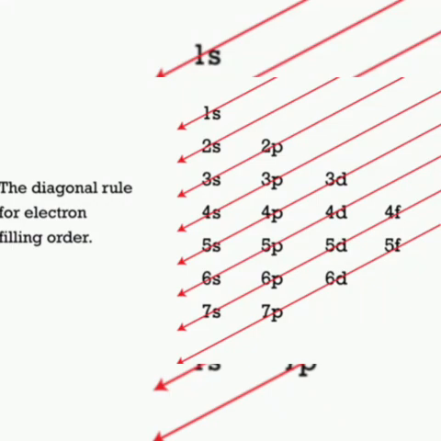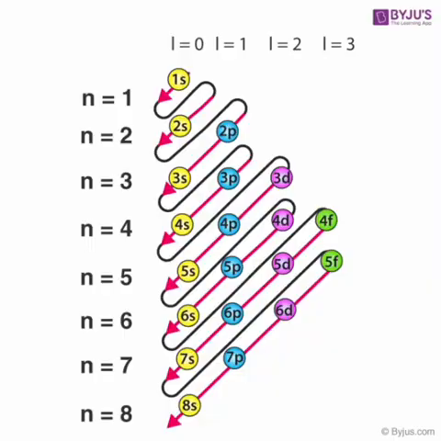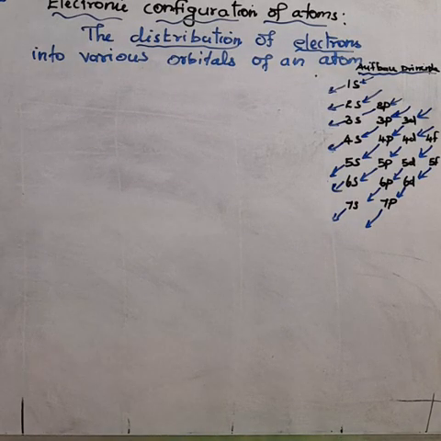Today we are going to study the electronic configuration of atoms, and how you can write the electronic configuration of different elements according to the Aufbau principle.